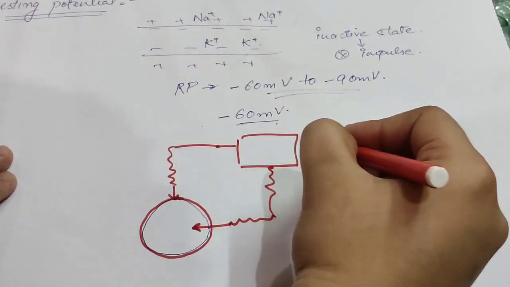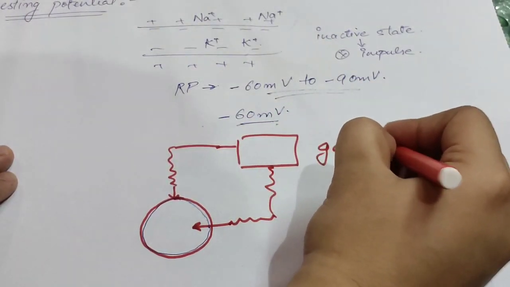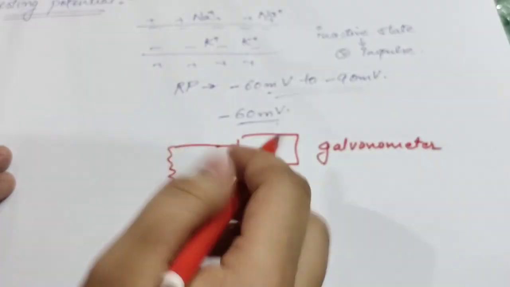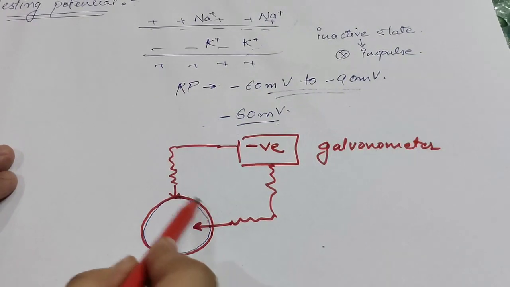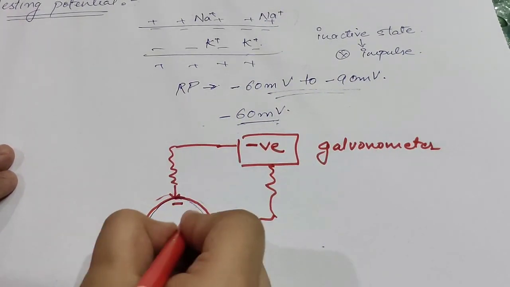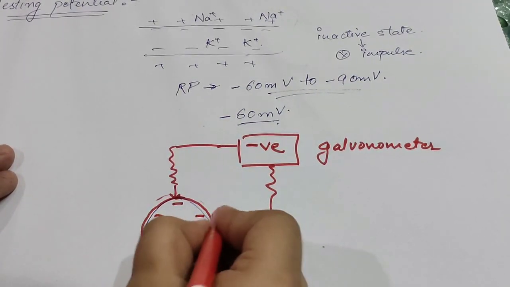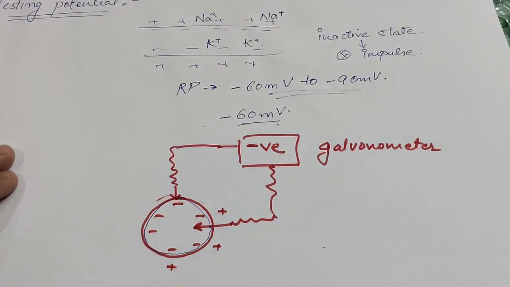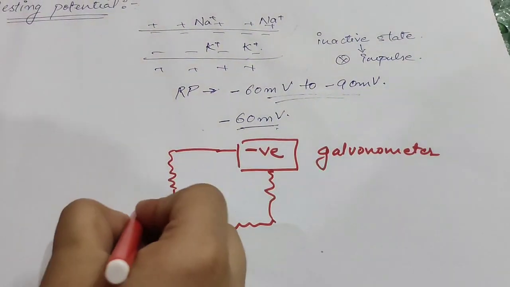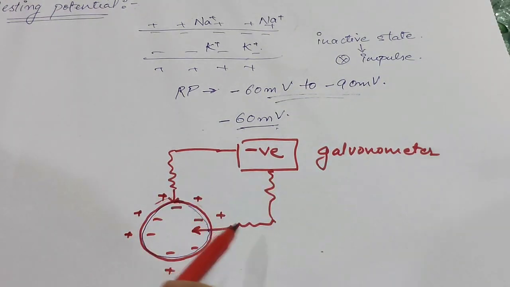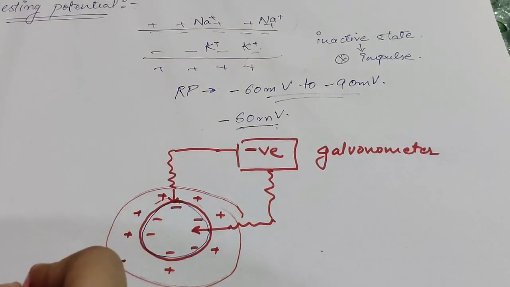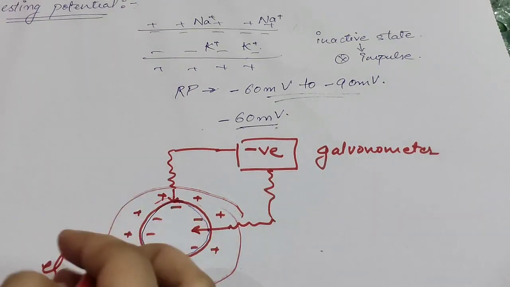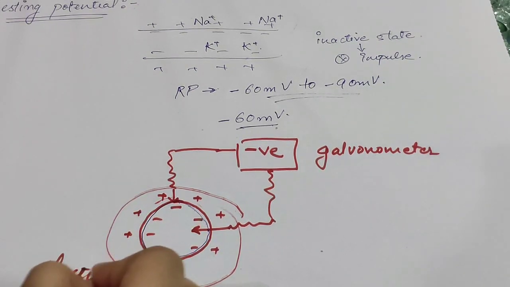If the reading on the galvanometer comes out negative, then the inside of the cell is negatively charged with respect to the outside. When this negative and positive charge is set up in the cell, the nerve fiber is said to be electrically polarized.